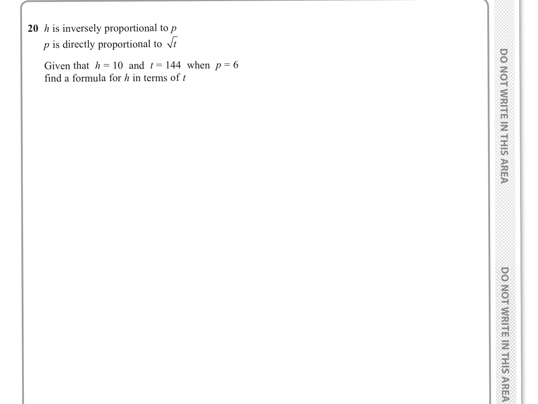Question 20, we have h is inversely proportional to p, and p is directly proportional to root t.